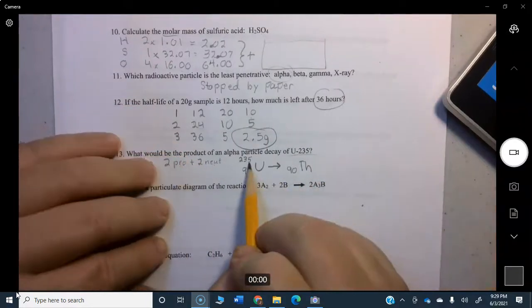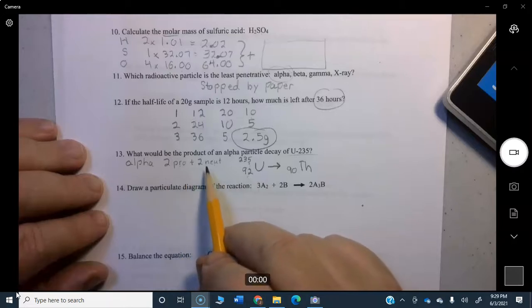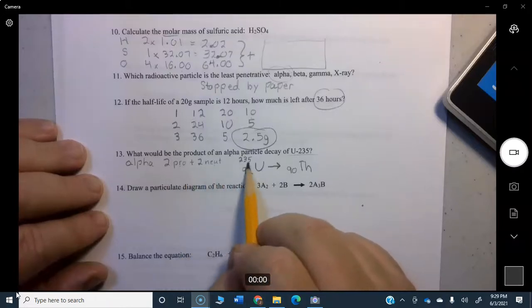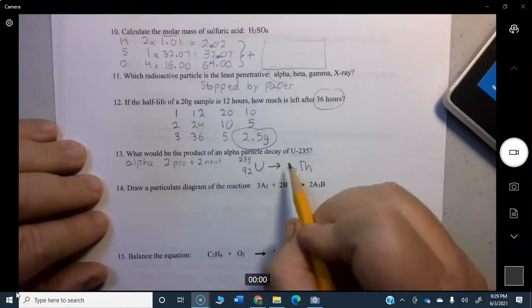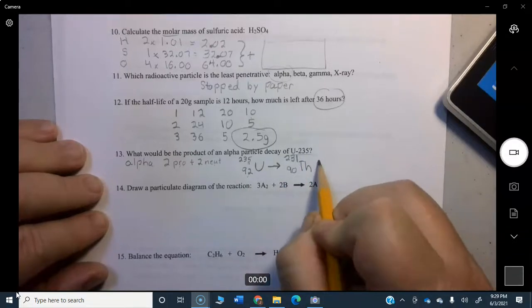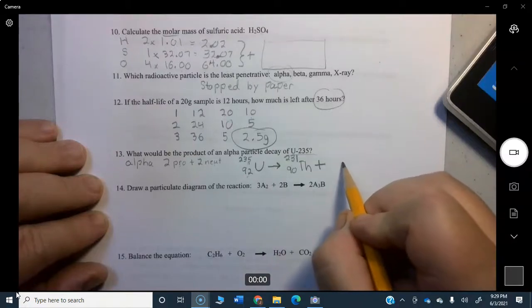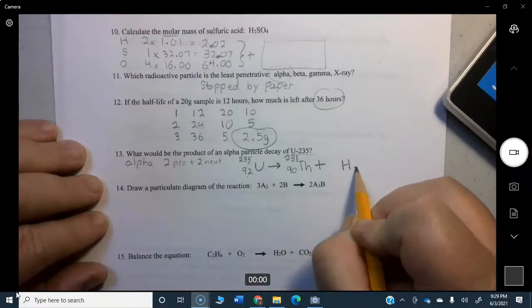Now this is the total number of protons and neutrons together, and it lost 2 protons and 2 neutrons. That's a total of 4. So this number is going to go down by 4, so that's going to be 231. Okay, and then what came out was the alpha particle, and we said that's the equivalent of a helium nucleus. So you write helium.